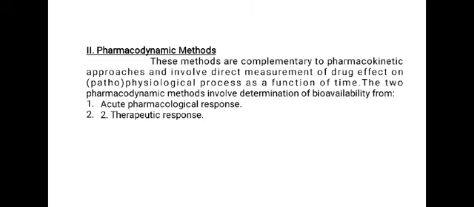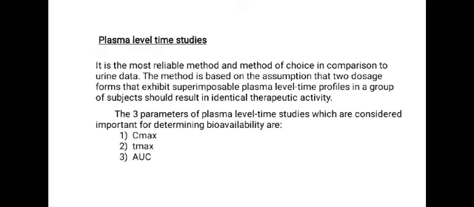Then the second method is the pharmacodynamic method. These methods are complementary to pharmacokinetic approaches and involve direct measurement of drug effect on a pathophysiological process as a function of time, which involves two methods: first is acute pharmacological response and second is therapeutic response.